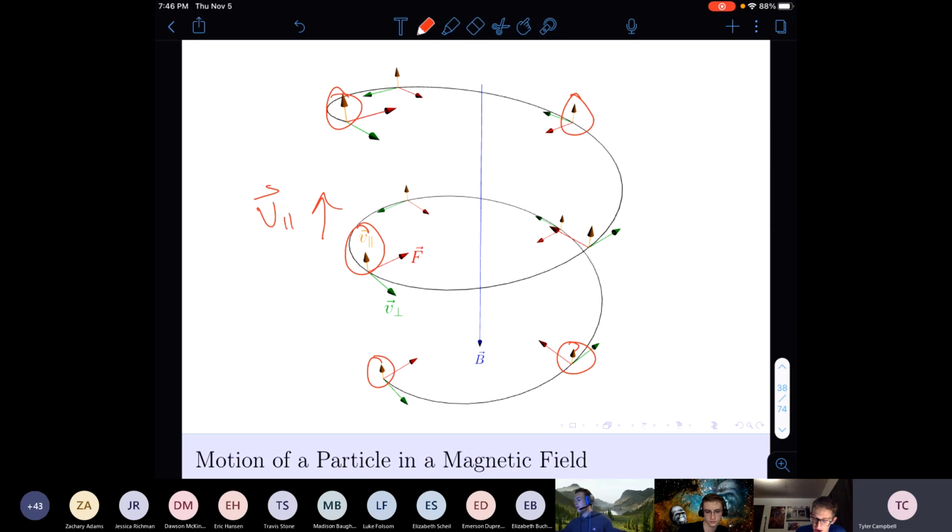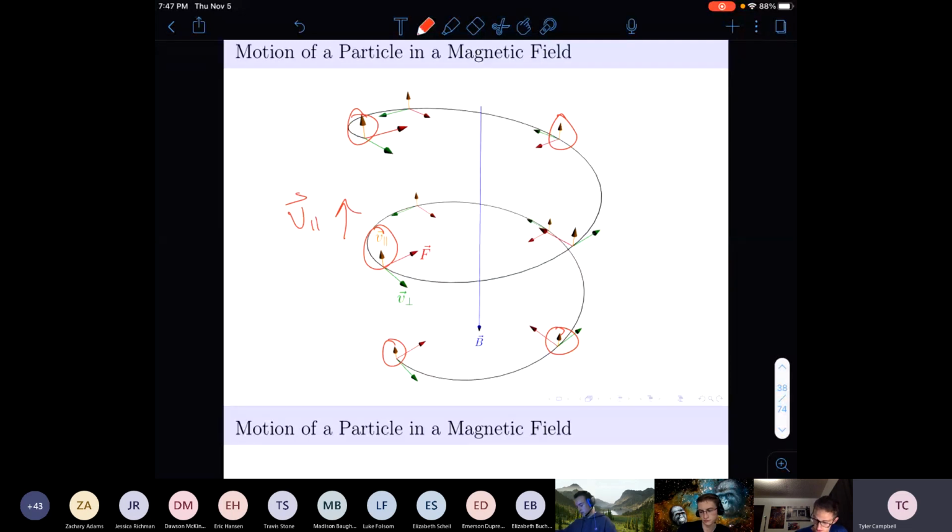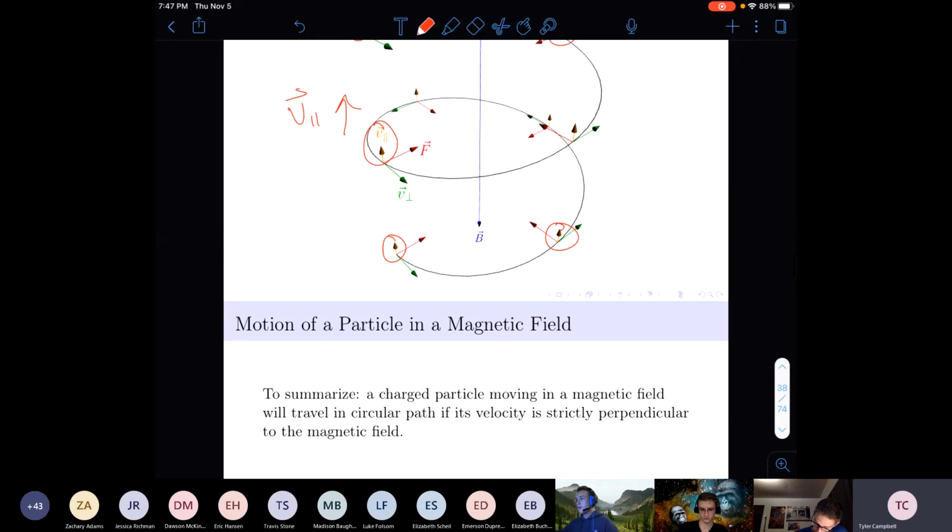So I get this circle because I have some perpendicular component, that's the green one, but the circle will be moving in space because that component of velocity is unchanged. Please speak up if that needs to be clarified any more, because it is pretty important, but very easy to confuse. All right, looks like next.